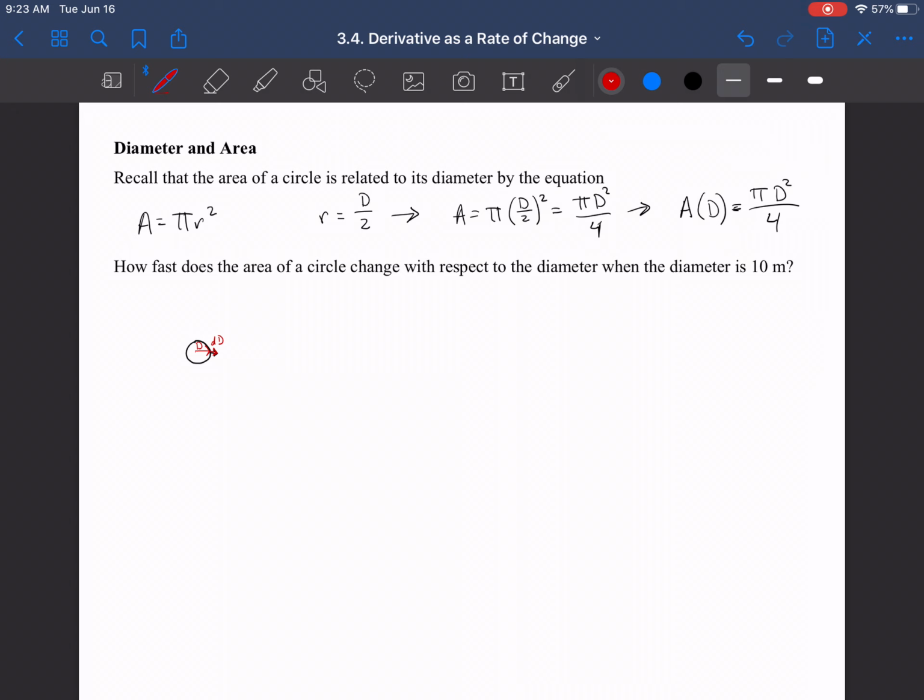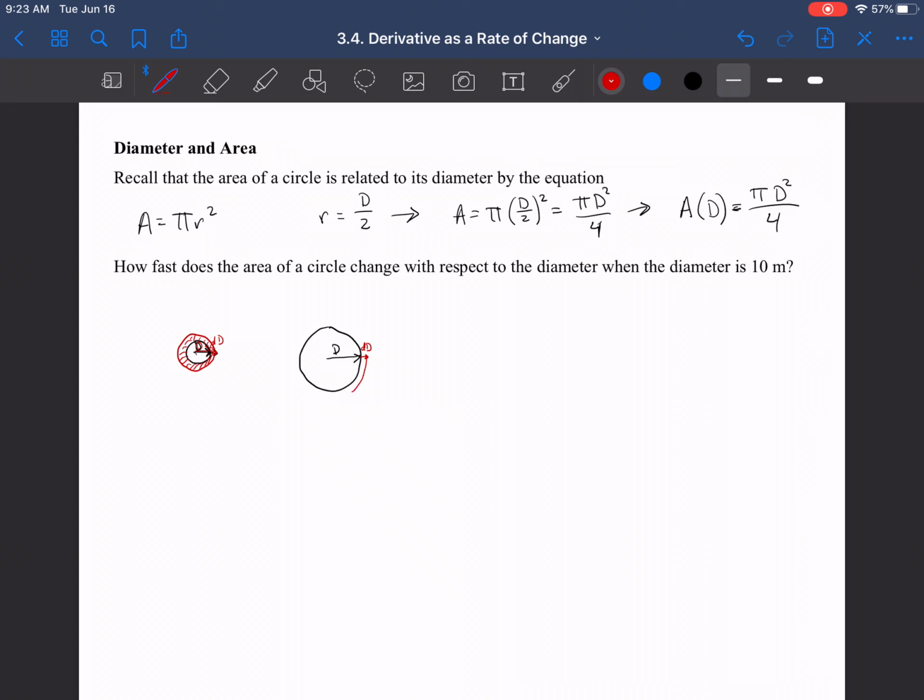Well, when that occurs, what we ultimately do is add on this little ringed area right there. Now, as the circle gets larger, so this is our new diameter here, there's the diameter, and we have that same little infinitesimal change in diameter.